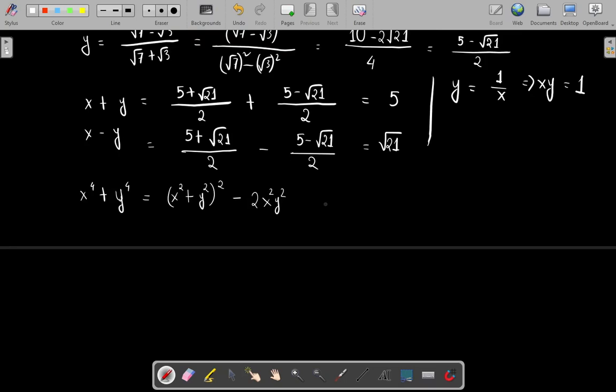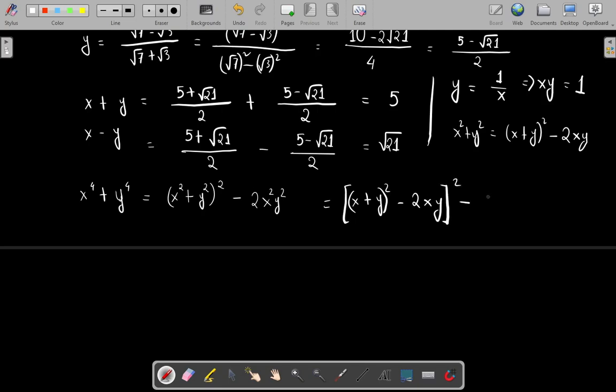Now what about (x square plus y square) whole square? Now x square plus y square is (x plus y) whole square minus 2xy. Let's use that for the first term, minus 2x square y square.